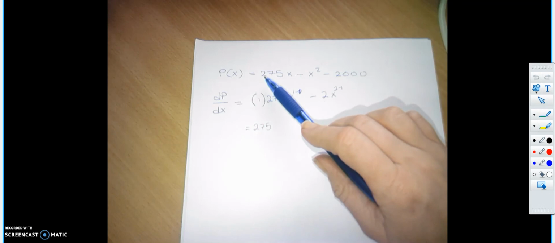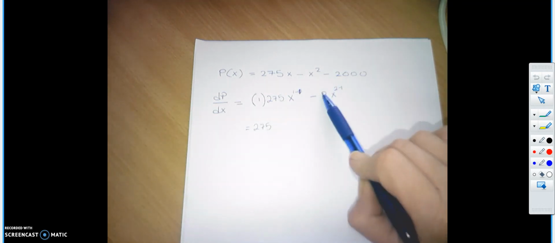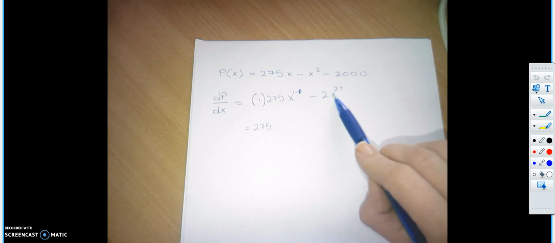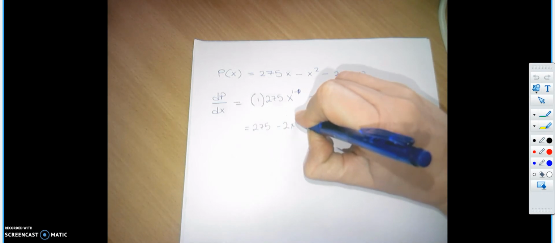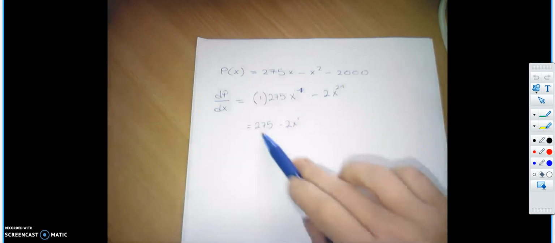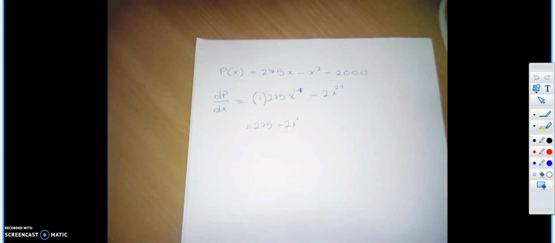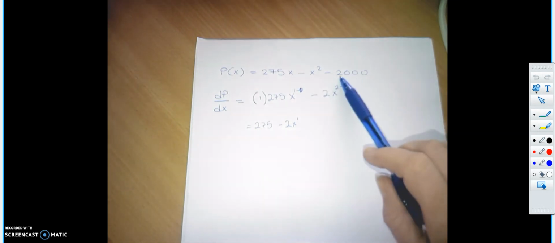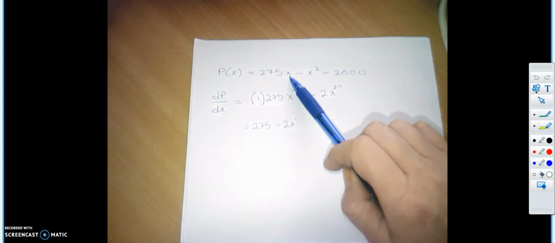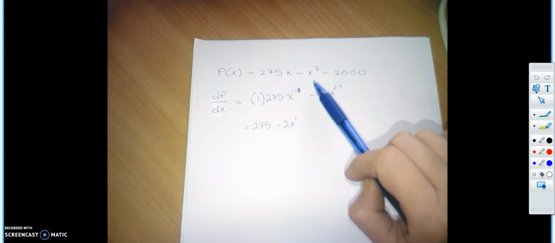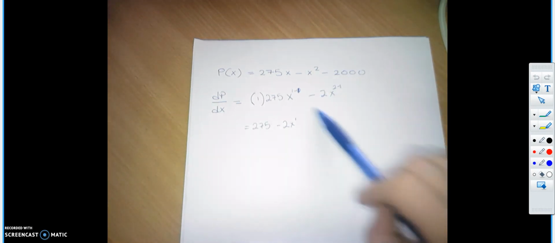So if I'm differentiating some number times x, I just get the number. For my x squared, when I'm tidying it up, I'm getting 2x to the power of 1. Okay? So you can just leave it like that, or you don't even have to write down the power of 1. Okay, so if you have numbers on their own, they vanish. If you have numbers times x, you just get the number. If you have x squareds, you get twice the number by your x. This would be the answer for that.